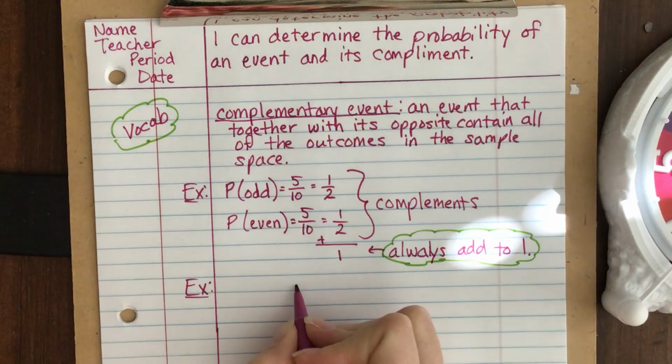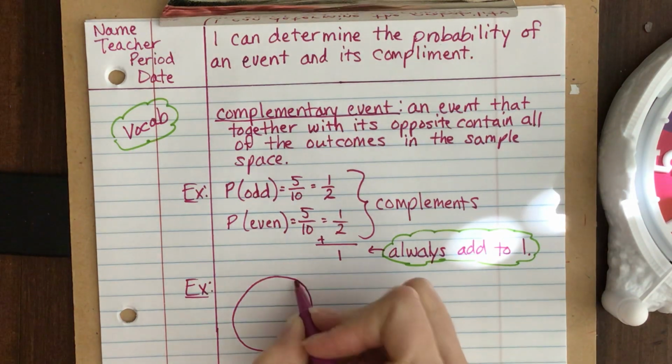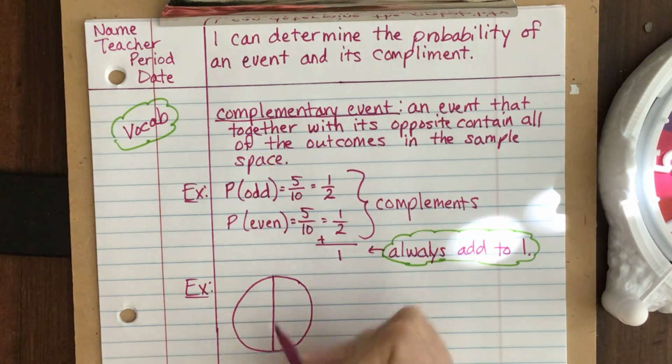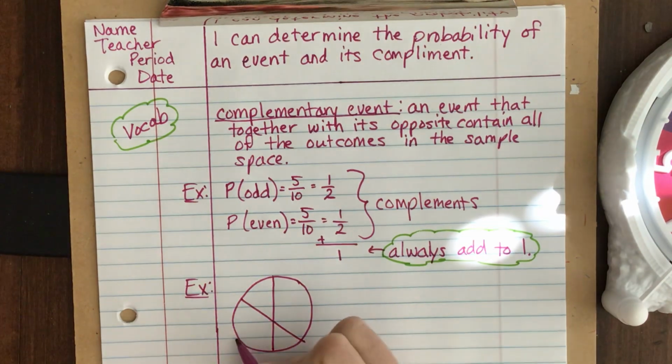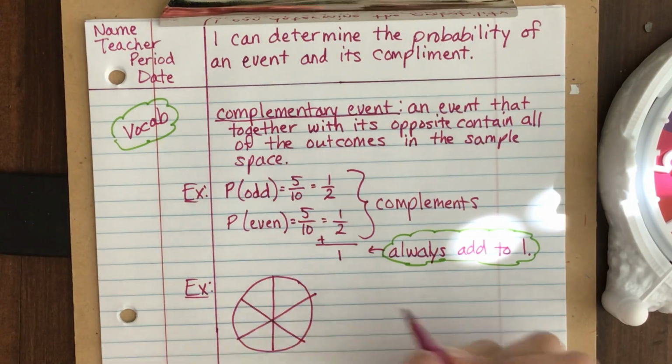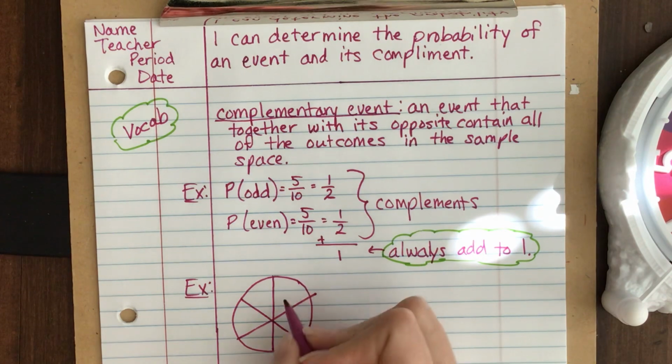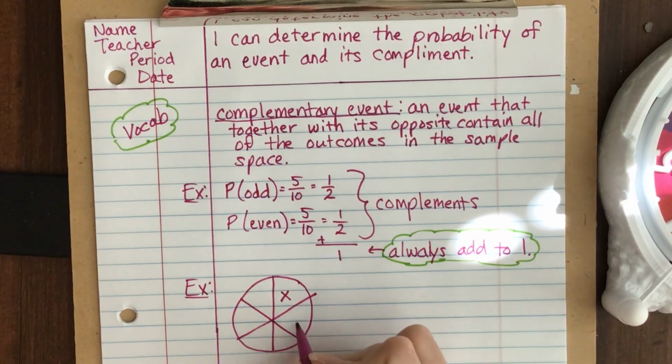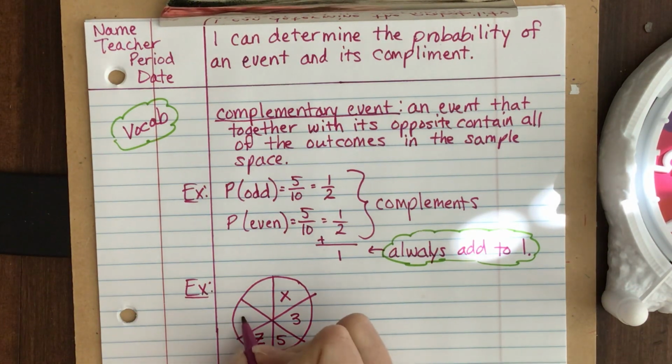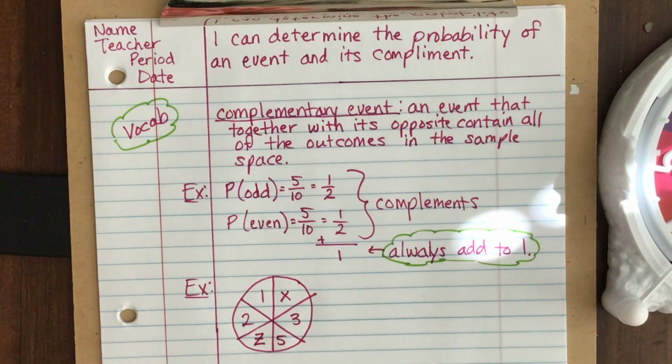Let's say that we have a spinner. The spinner has 6 parts, 6 evenly spaced parts. I know my drawing is not very good, but let's assume that they're all equally as likely. So this is X, 3, 5, then the letter Z, 2, and 1.